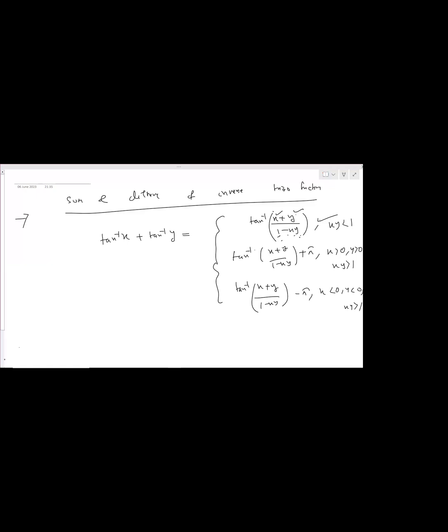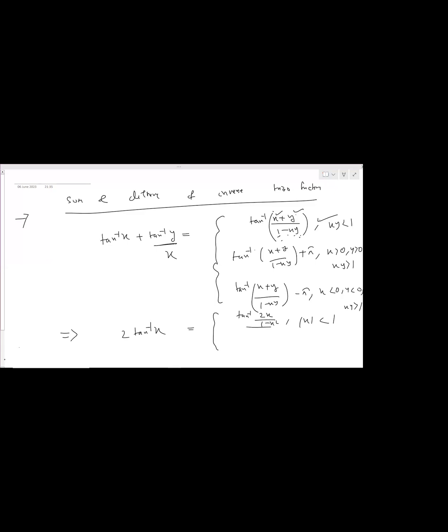If we simplify this, write down this formula also, 2 tan inverse x. Instead of y, I write x. Then this becomes tan inverse of 2x upon 1 minus x square, where mod x is less than 1.